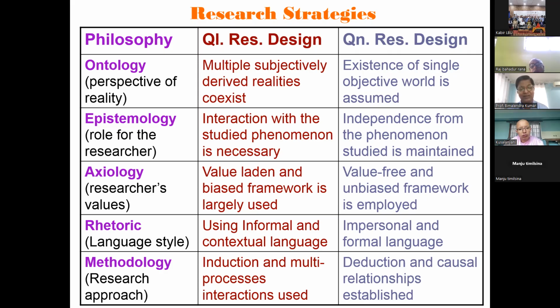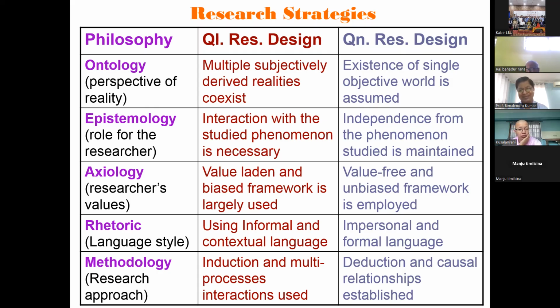Then axiology, the researcher's values. When values or ethical things are studied, a value-laden and biased framework is largely used in qualitative research. But in quantitative research, a value-free and unbiased framework is employed. Then rhetoric, where there are poetries, prosodies, and dramas.